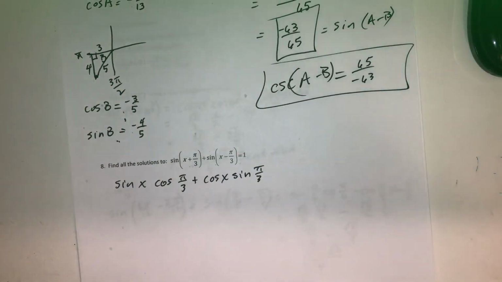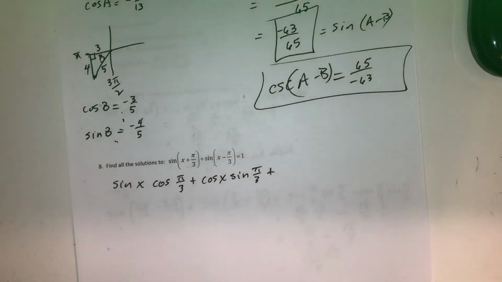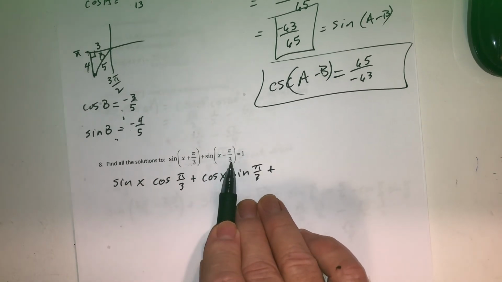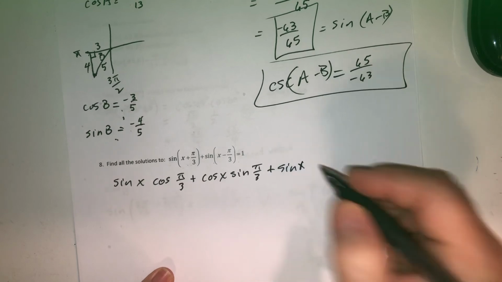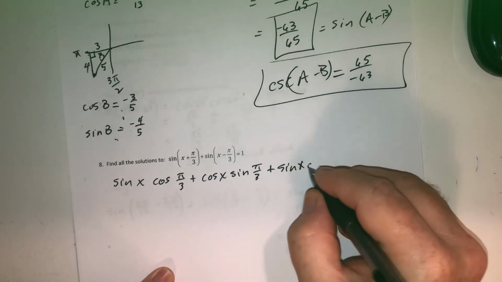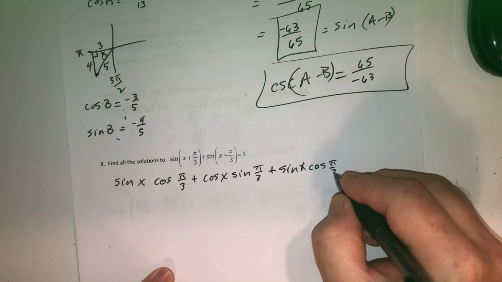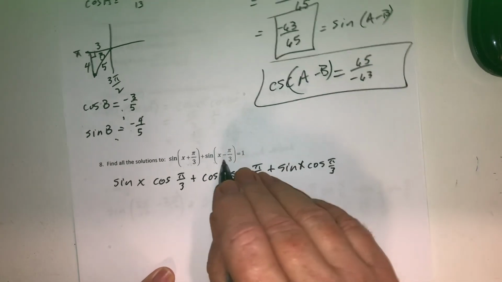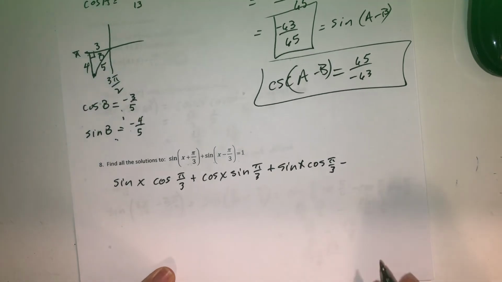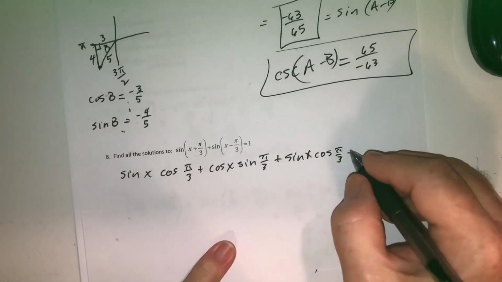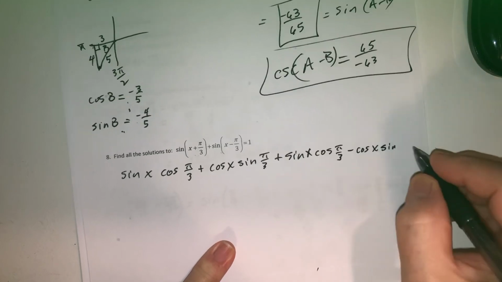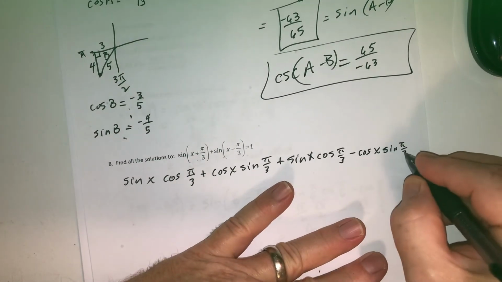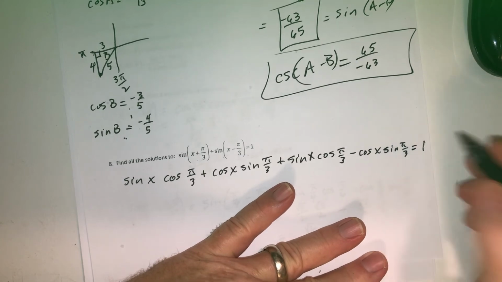Now we add to separate that term from the second, and the second term is the sine of a minus b. That's the sine of a, well, a's x, times the cosine of beta, which is pi over 3. If it's plus here, it's going to be a minus over there. And it's going to be the cosine of x times the sine of pi over 3. And then that's still going to equal 1.